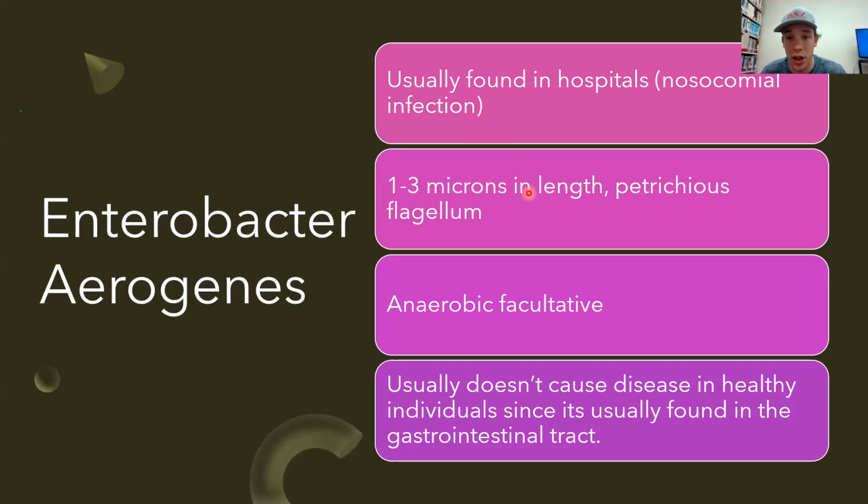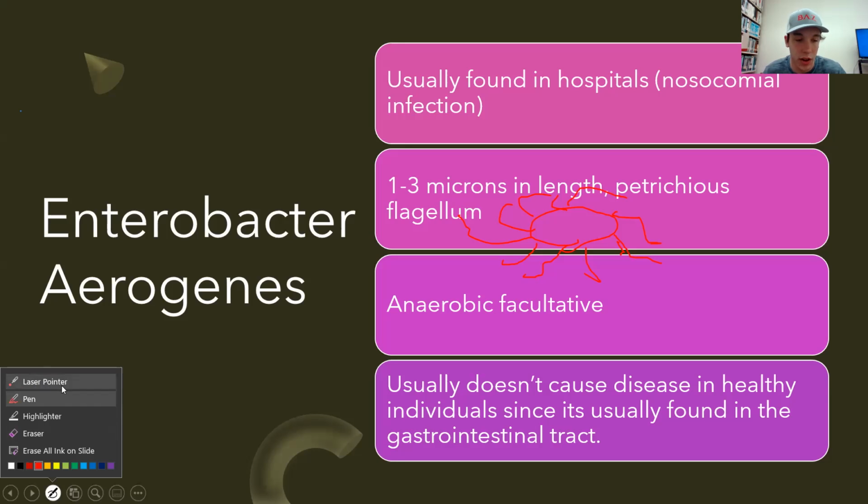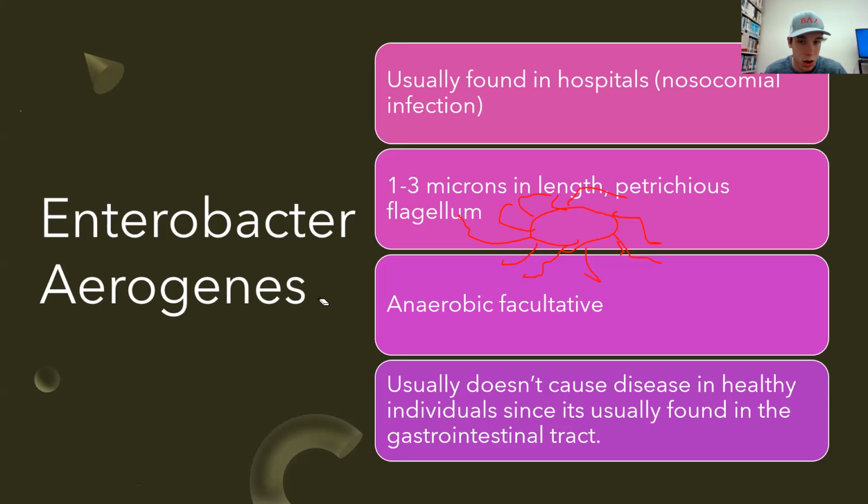It is about 1 to 3 microns in length, which is about average for bacteria, and it has a peritrichous arrangement of flagella, which makes the organism look like this, with things around it. It is highly motile. It is facultative anaerobic.